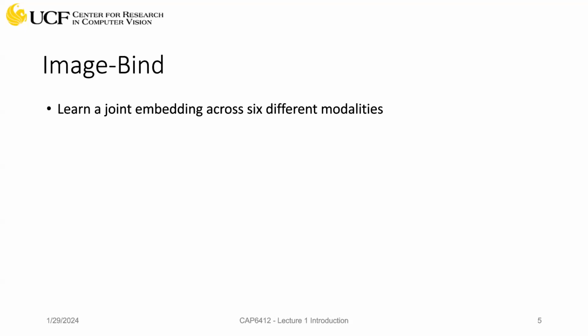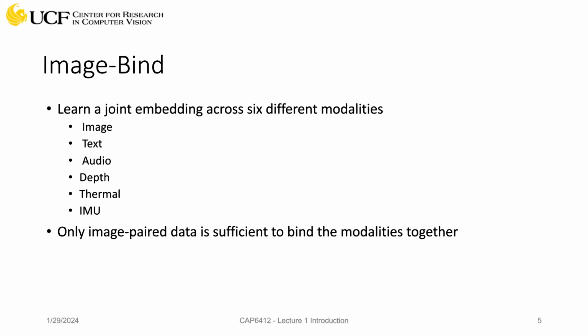Now this paper talks about how we can bind the image with other modalities. These are the 6 different modalities: image, text, audio, depth, thermal, and IMU. So this extends the idea of CLIP to many different modalities, and that's pretty interesting. What they say is that only image-paired data is sufficient to bind these modalities together.